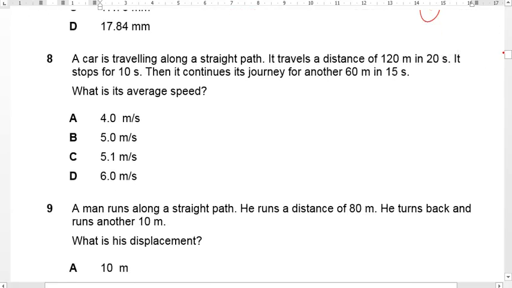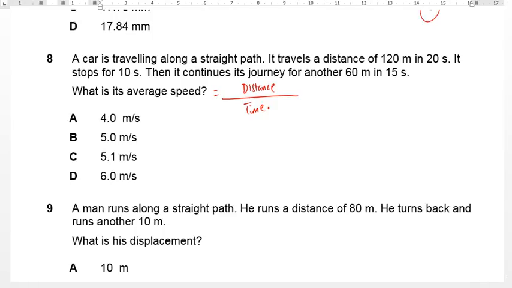Question 8. Average speed equals to, what's the formula? Shufi? Distance over time. Is it? Winnie, can you improve on the answer?